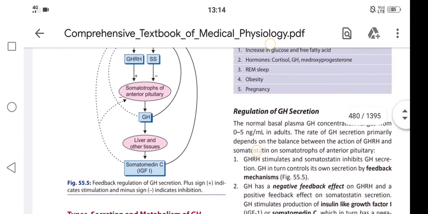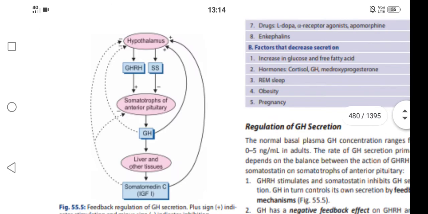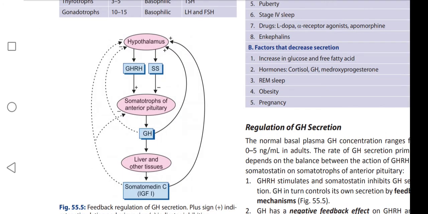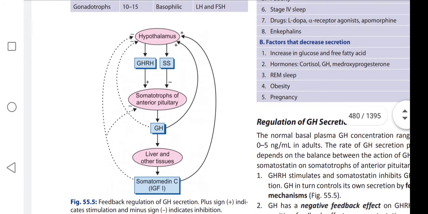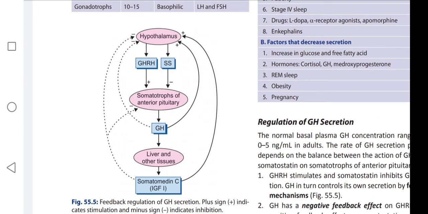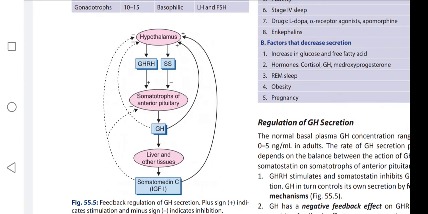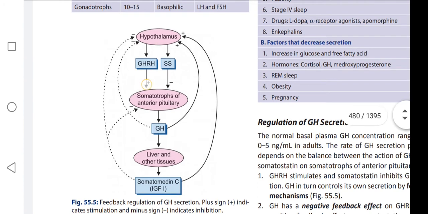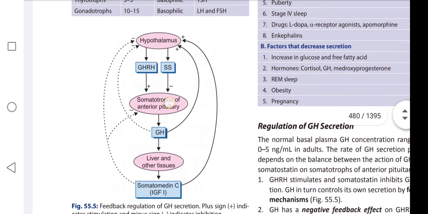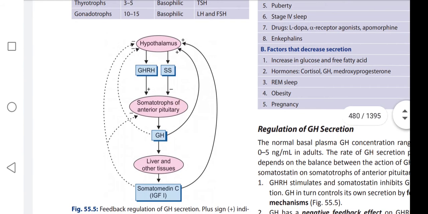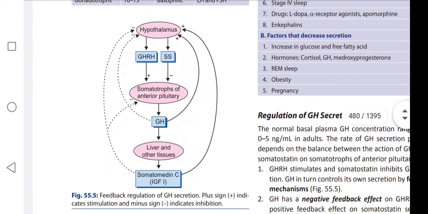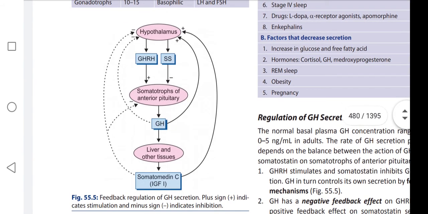This is the diagram. The hypothalamus releases growth hormone releasing hormone and somatostatin. Growth hormone releasing hormone stimulates the somatotropes of the anterior pituitary, and somatostatin inhibits them. It acts on the releasing and inhibiting of growth hormone.